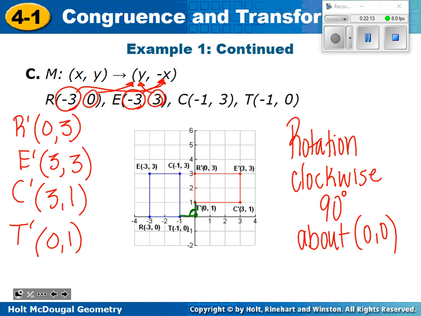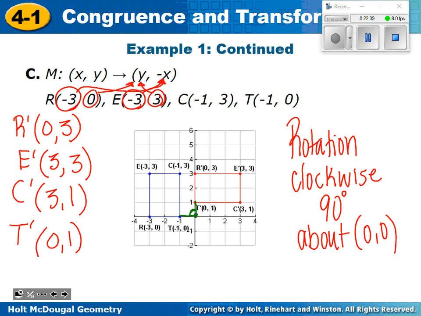So if I'm going clockwise versus counterclockwise. Clockwise means that I'm rotating to the right. Counterclockwise means I'm rotating to the left. Agreed?